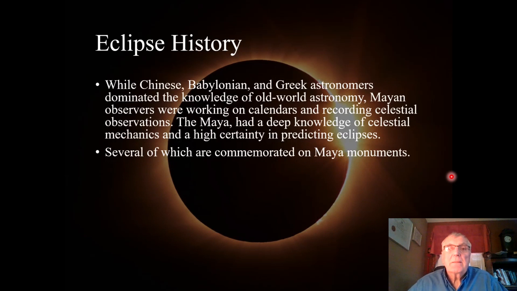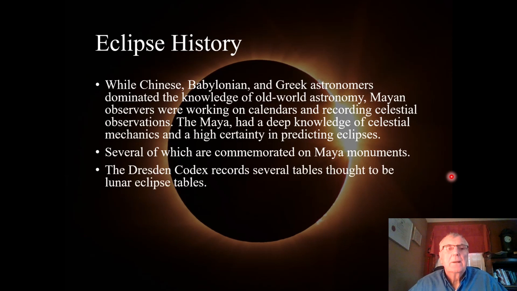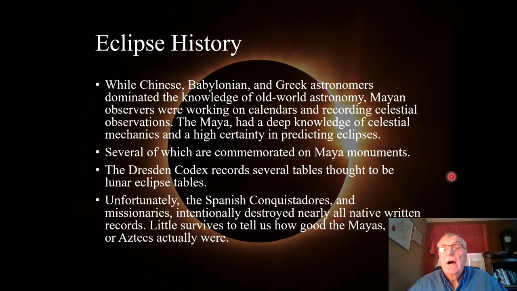So while the Chinese, the Babylonians, and the Greeks were all doing this stuff, in the West, the Mayans, the Aztecs, and the Incas were doing a pretty good job of this. Several eclipses are noted on some of the Mayan monuments. The Dresden Codex records several tablets thought to be lunar eclipse tables.